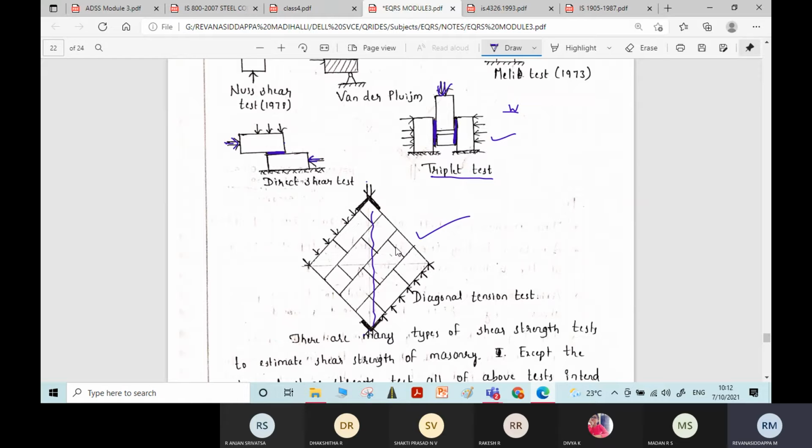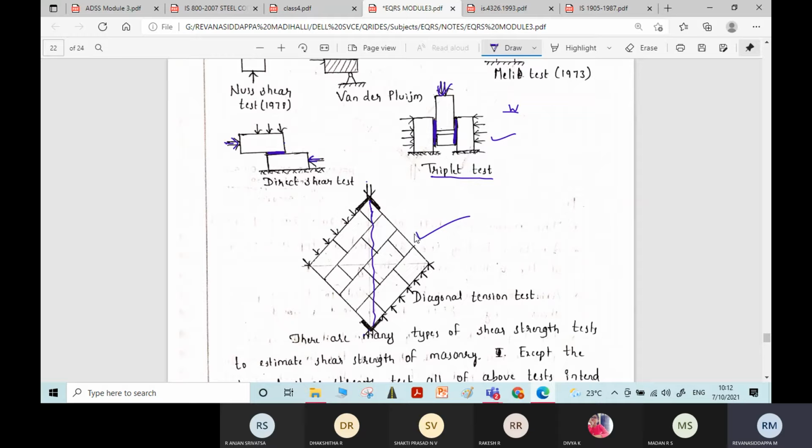In IISc and elsewhere, the setup to conduct this diagonal tension test is there. The instruments are there. If you get time, you can visit the IISc once.